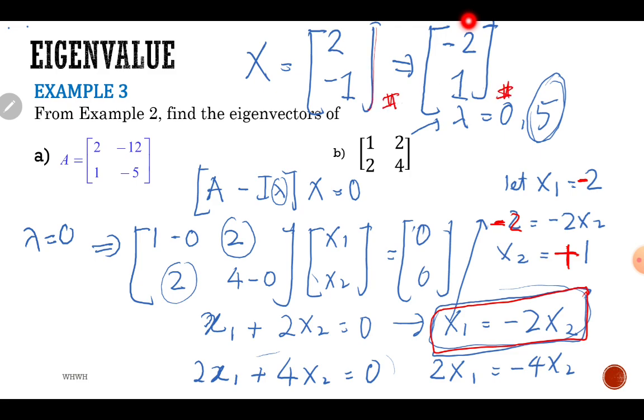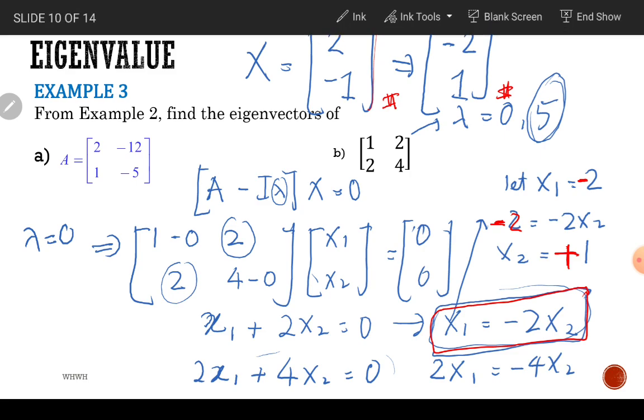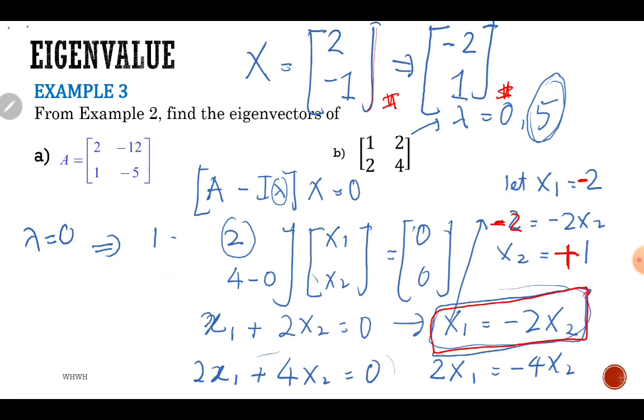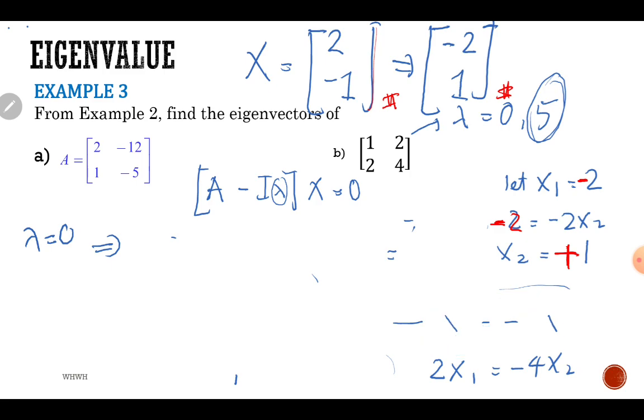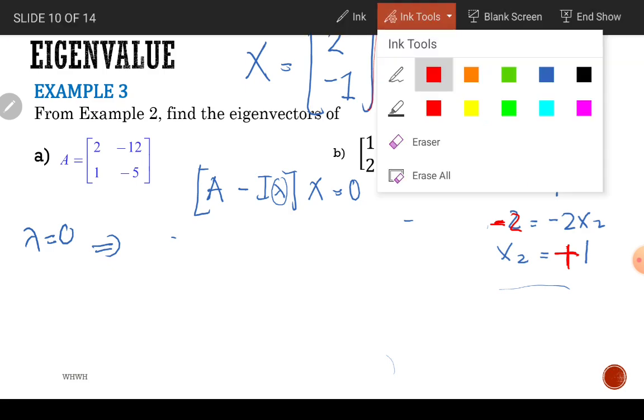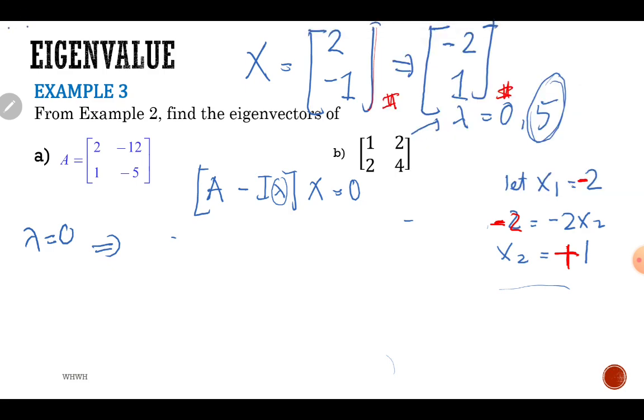Now, you may also validate that your answer is the correct answer. Macam mana nak validate? Macam tadi jugalah. We use the equation AX is equals to lambda X. Yang ni lagi sangat senang sebabnya lambda kita kosong kan? Because our lambda is equals to 0. Right hand side, automatically kita akan dapat kosong lah.